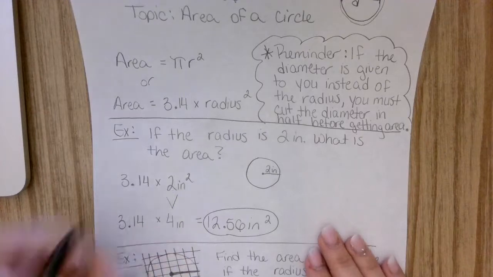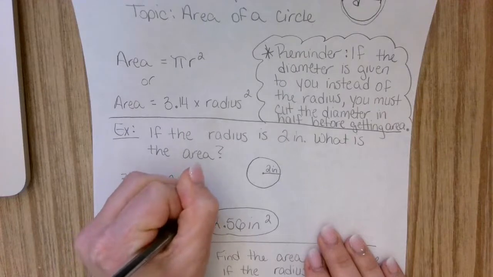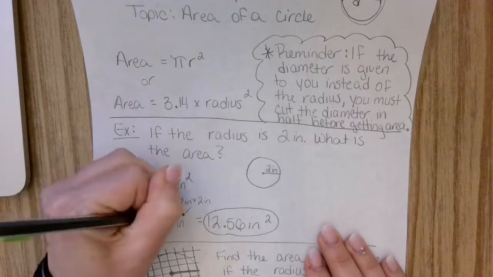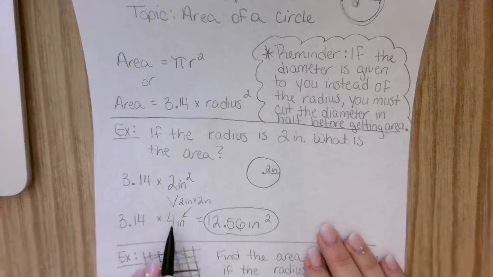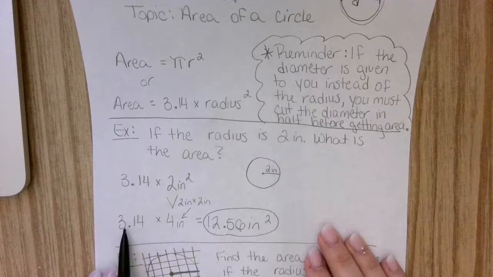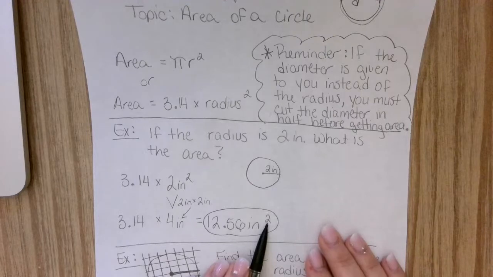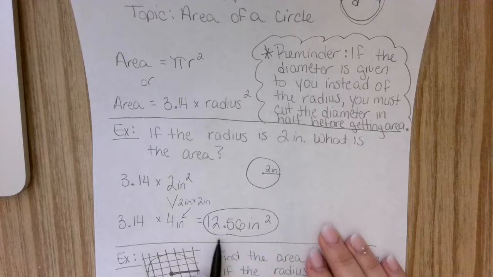What that means is 2 inches times 2 inches, and that gives me 4 inches, because 2 times 2 is 4. Then I'm going to multiply that 4 by the 3.14. After I do that, I get 12.56 inches squared. I cannot forget that little 2 because I am getting area, so I have to put my little 2 as part of my label. And that is my answer.